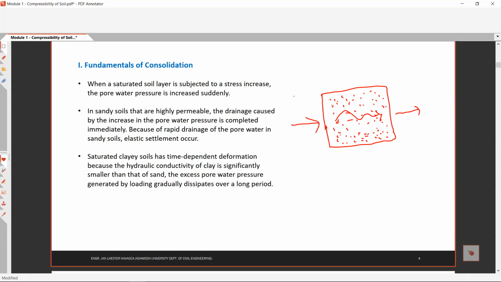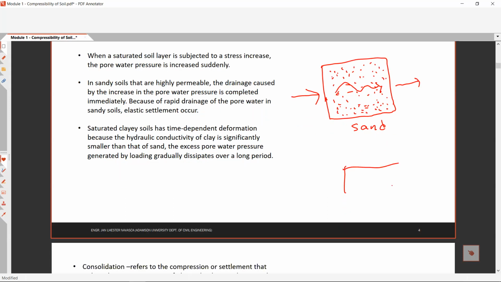However, in the case of saturated clay soils, this one is for sand. Take note ha, this is saturated soils. So for the clayey soils, ito, this one. Compared to sand, yung soil particle niya is mas dikit-dikit. Mas close enough to each other, diba?